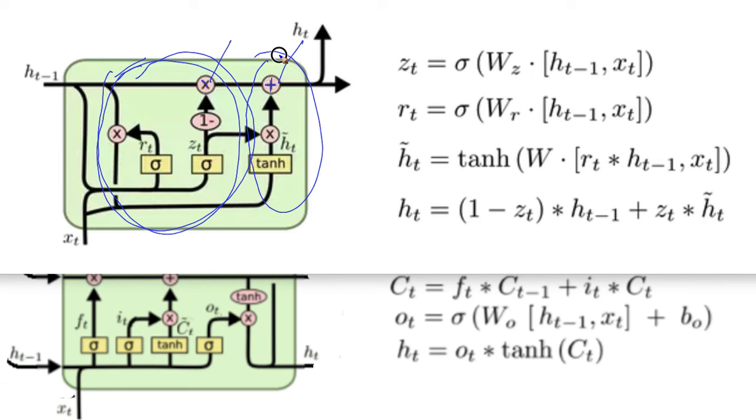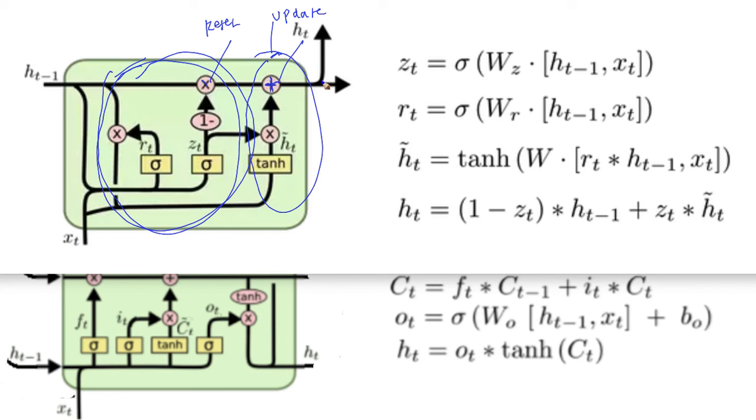That's why this is called update gate and this is called reset gate. That means reset gate allows us how much we should reset from previous state to next state, and this plus in update allows us to add to the output how much we should add from the input to the output, right?